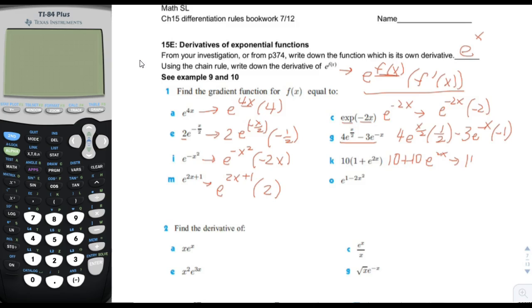And the derivative of 10 e to the 2x is 10 e to the 2x times the derivative of 2x, which is 2. And this last one, the derivative of e to the 1 minus 2x squared would be e to the 1 minus 2x squared times the derivative of 1 minus 2x squared, which would be negative 4x.